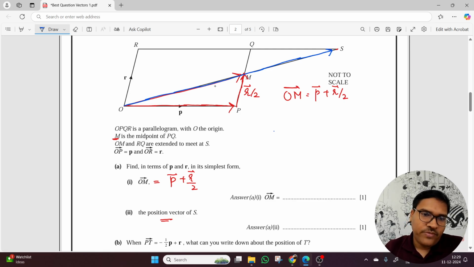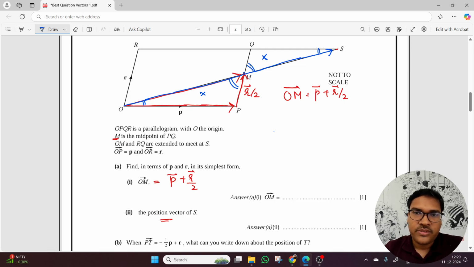Now we know OM vector, but we don't know what is MS vector. But we have already said that this is the parallelogram and this is the midpoint. And you can clearly see these two triangles. These are similar triangles. Now why are they similar triangles? Because this angle and this angle are vertically opposite angles, that means they are equal, and this is equal to this because of alternate interior angles.